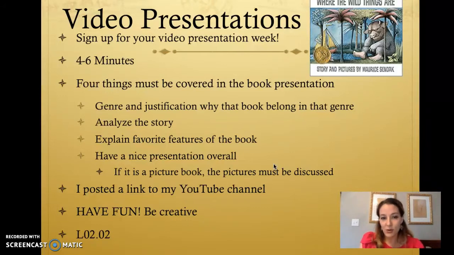You have to analyze the story, explain your favorite parts of the book, and then overall have a nice presentation, which means if we were in a real classroom and you were going to get up in front of us, present yourself in a way that would be positive.